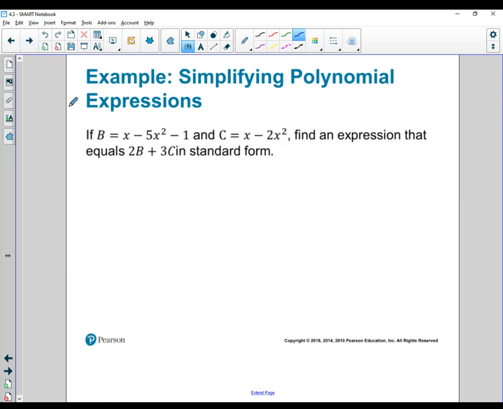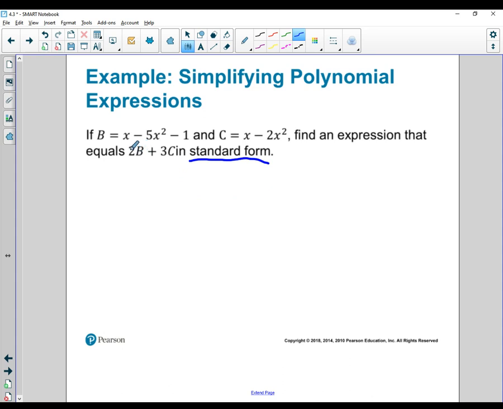So we're just going to hop straight into the example. We have that b equals this polynomial, x minus 5x squared minus 1, and that c equals x minus 2x squared. Find an expression that equals 2b plus 3c, and it requires that we are in standard form.